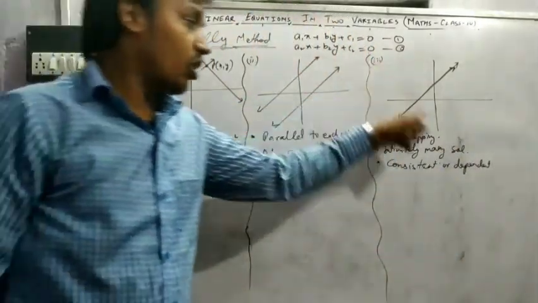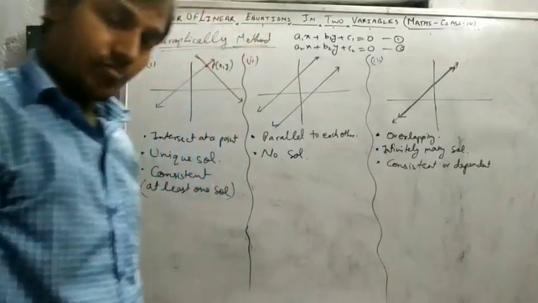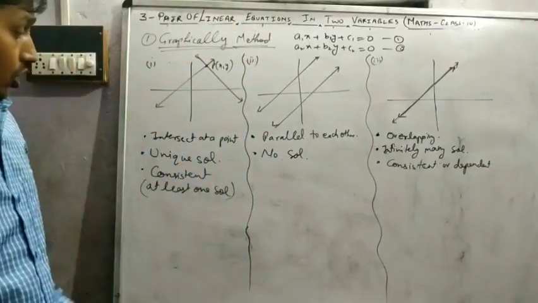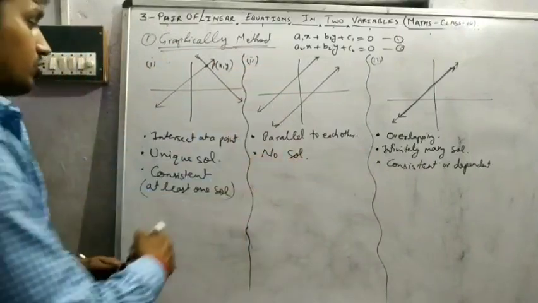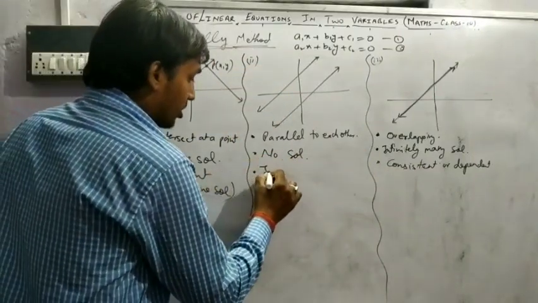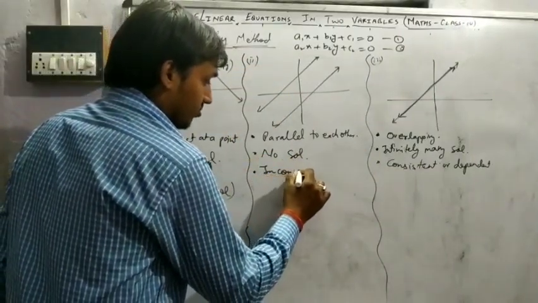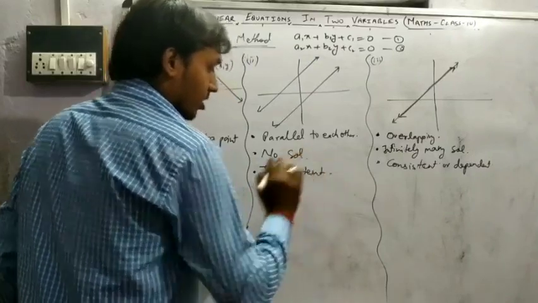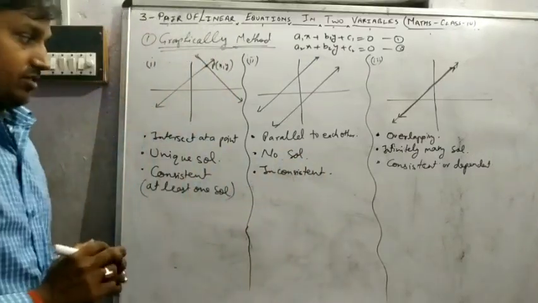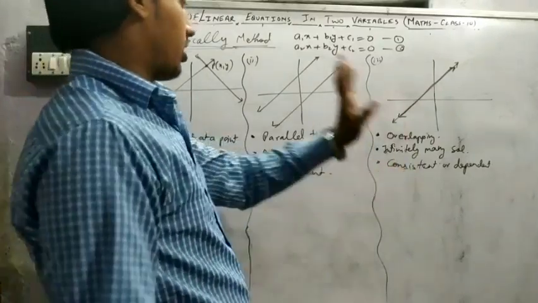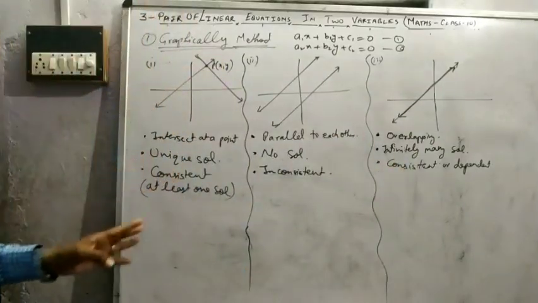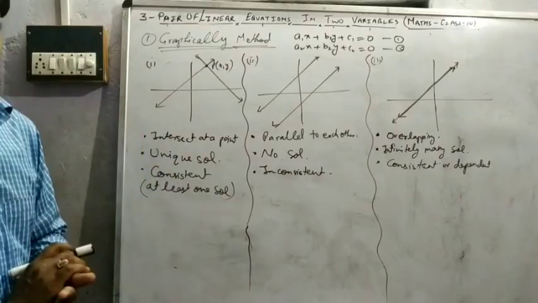For this case also called dependent. At least one solution. It gives no solution, so it is inconsistent. Consistent, inconsistent, consistent. Because at least one solution is given, it is consistent.